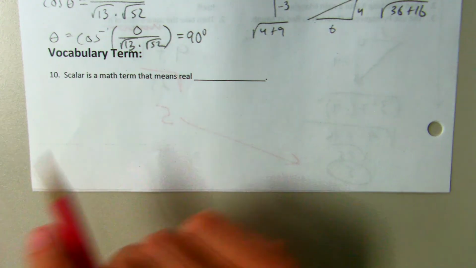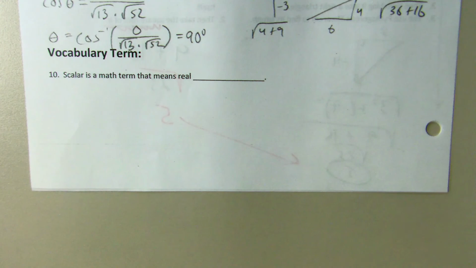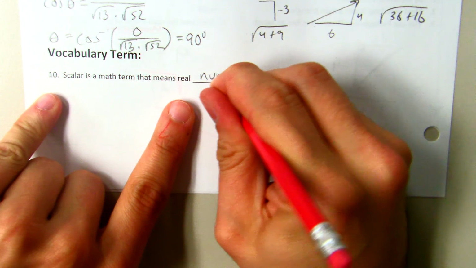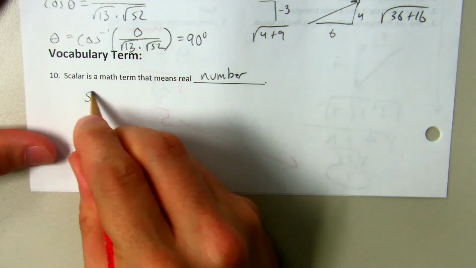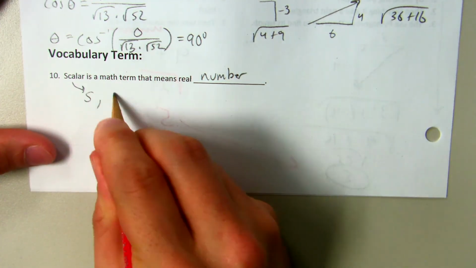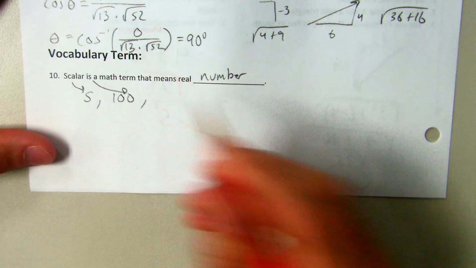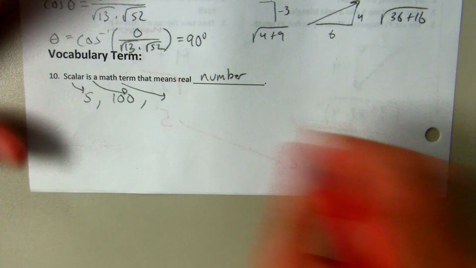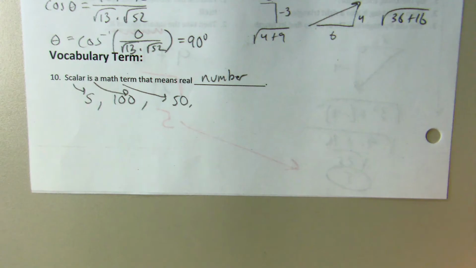Okay, some of the questions we will ask you will be to classify something as a vector or a scalar. Scalar is just a fancy word for a real number. So 5 is a scalar, 100 is a scalar, and 50 is a scalar.